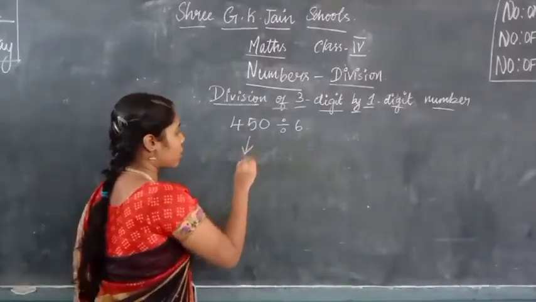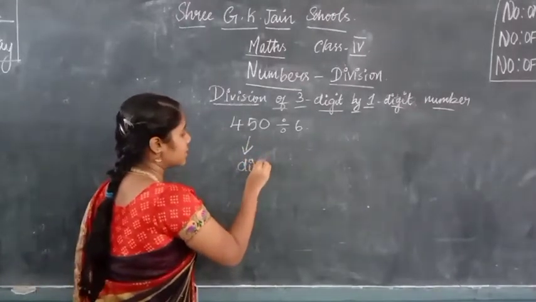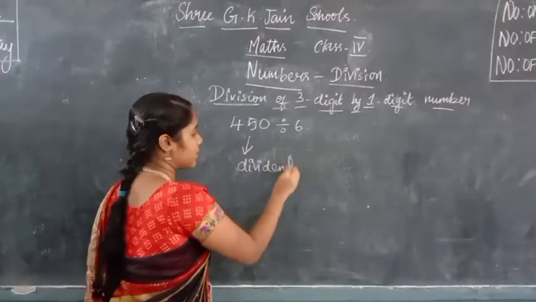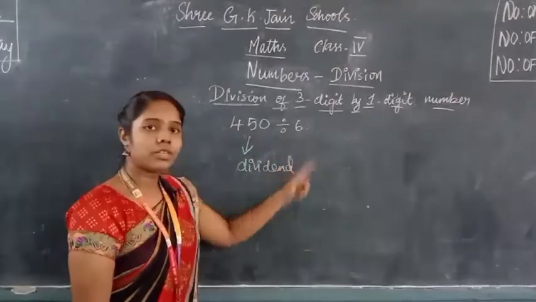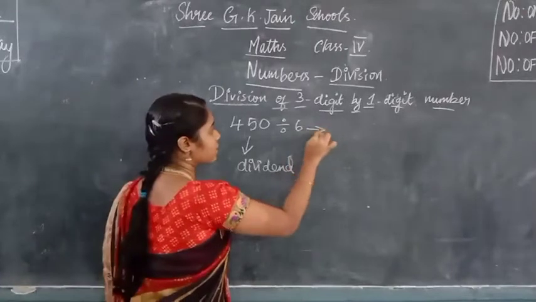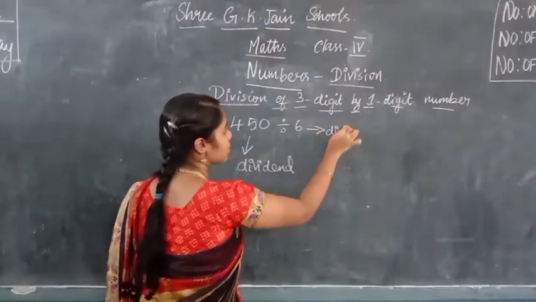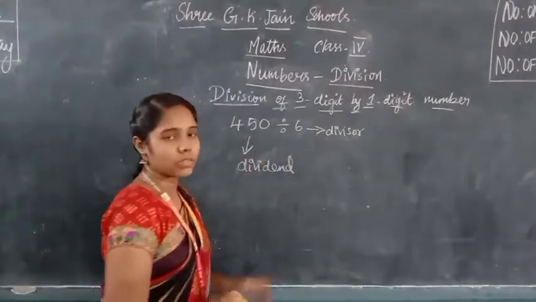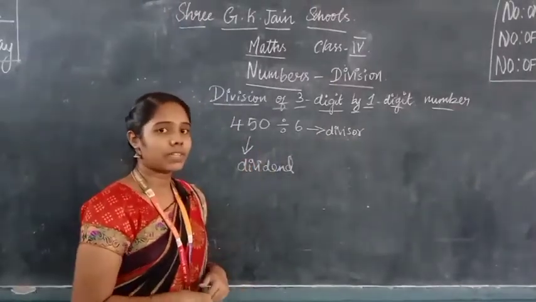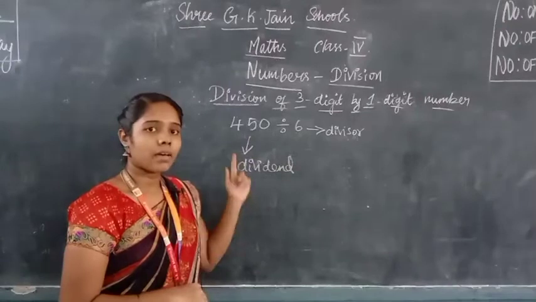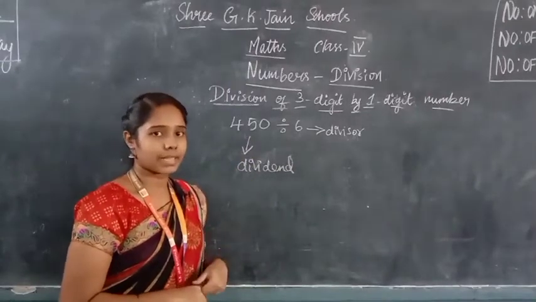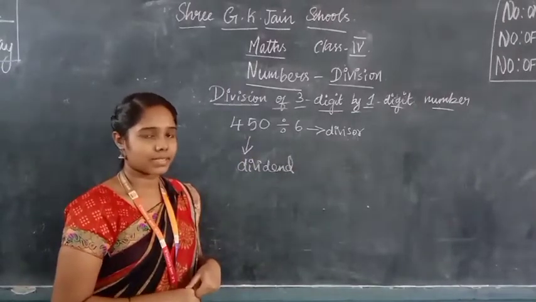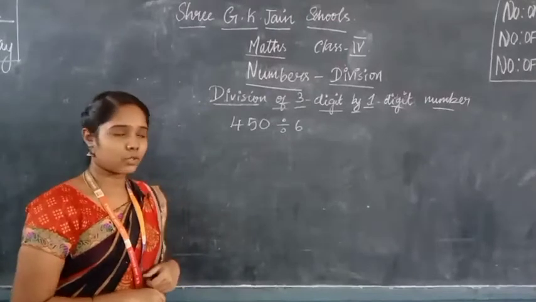What is it called? It is called the dividend. And the number which we are going to divide it with is called the divisor. So this is the divisor and this is the dividend. With this knowledge, we will see how to divide these 450 with 6. Let us start dividing these two numbers.